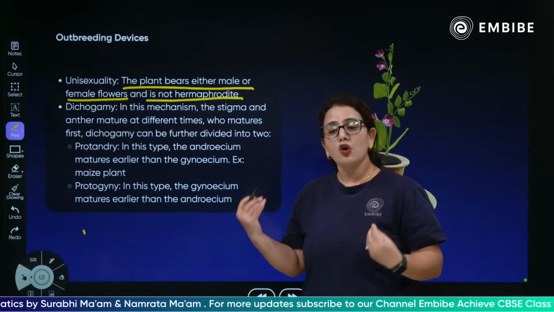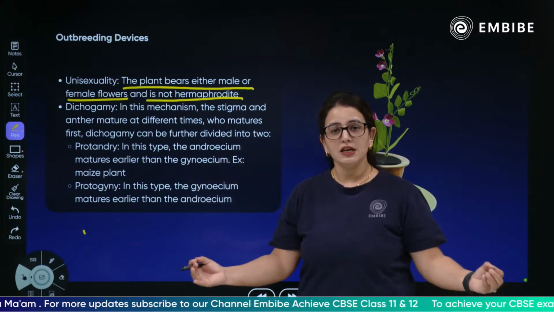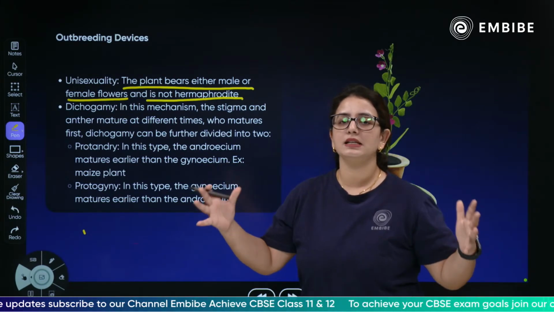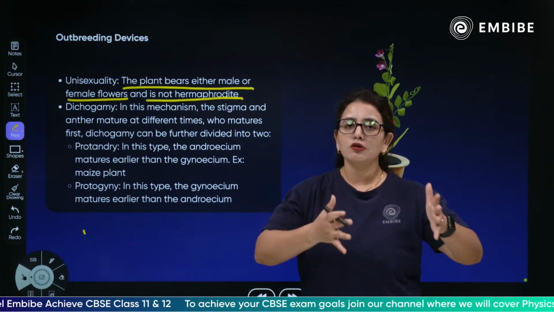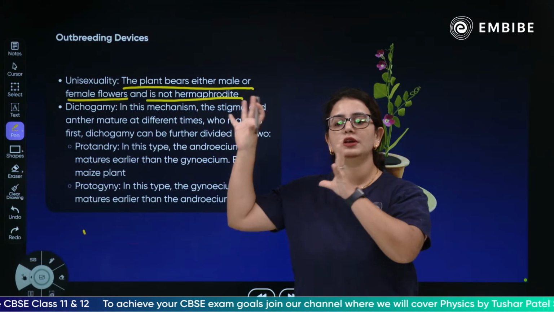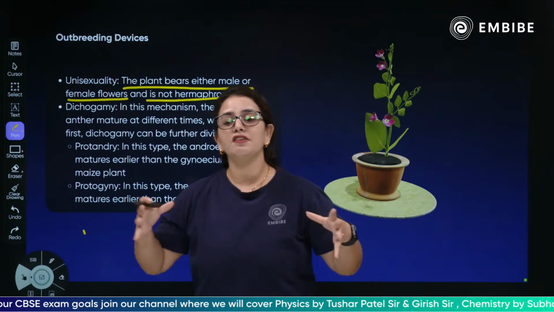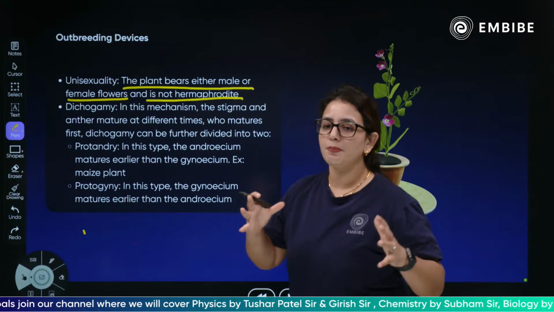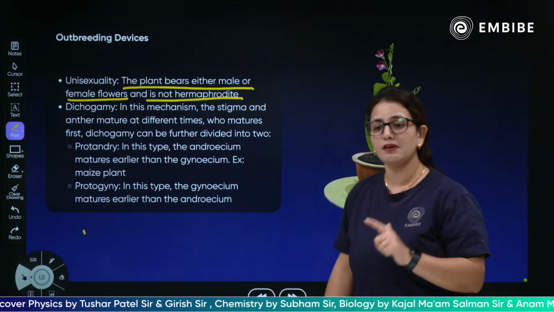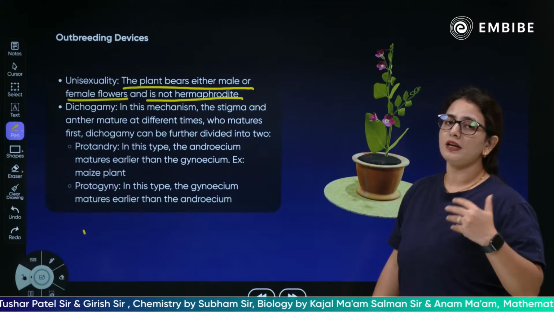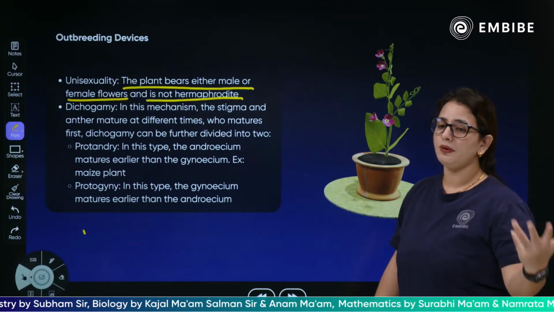And because of cross-pollination, there is a very fair possibility of variations, to have good characteristics expressed in the coming generation. So self-pollination might be good for a few generations, but eventually it is going to give non-essential characteristics. Cross-pollination promotes variation, and variation is always important. So having unisexual flowers, either female or male on the plant, is going to enhance the possibility of cross-pollination. This is the first outbreeding device.